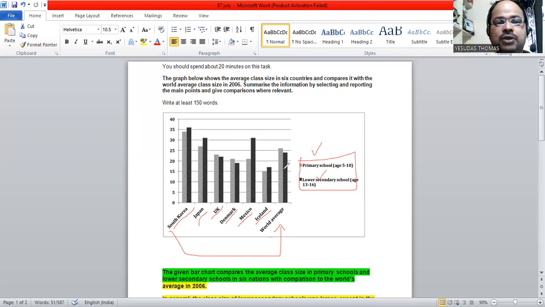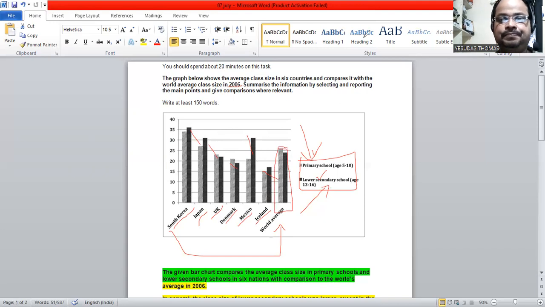In South Korea, how many students were there in primary school in 2006? And in lower secondary school in 2006? This is what the question is. And this is compared to Japan, the UK, Denmark, Mexico, Iceland. And here we have a world average.